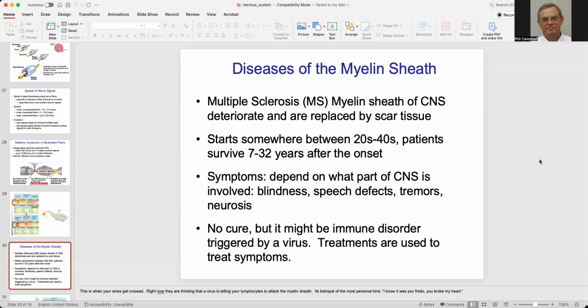I remember him as an undergrad and a graduate and a technician. In his 20s and early 30s, MS didn't happen until he was probably 40, 45. I've watched him over the decades go from this guy that's just running around to now in a wheelchair. And the deal is that MS currently does not have a cure.